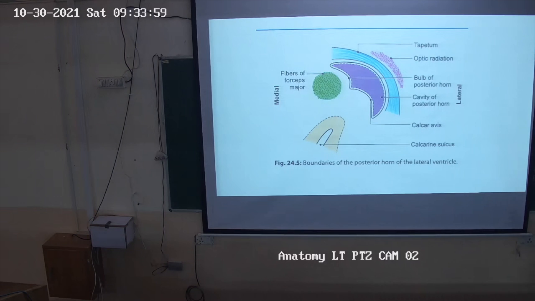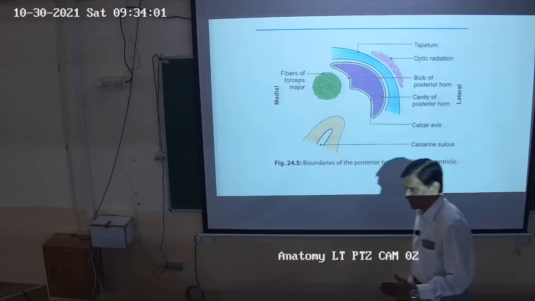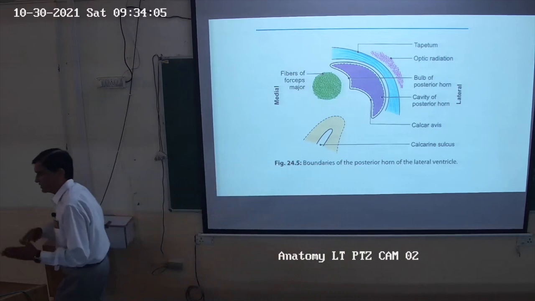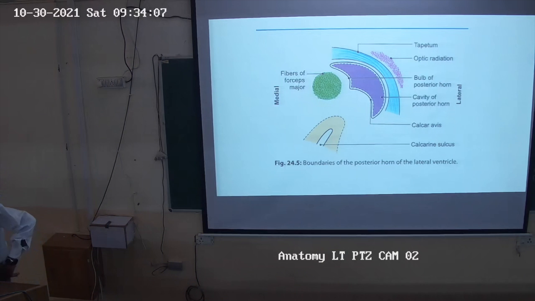The tapetum is the extension of the forceps major covering the ventricular surface. So the roof of the posterior horn is formed by the tapetum, and this tapetum separates the cavity of the posterior horn from the optic radiations.